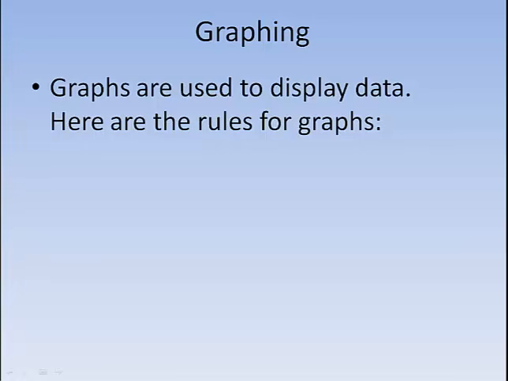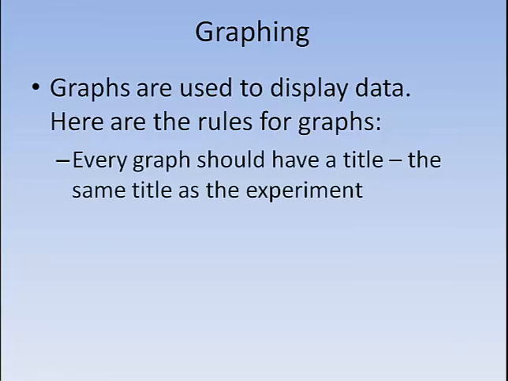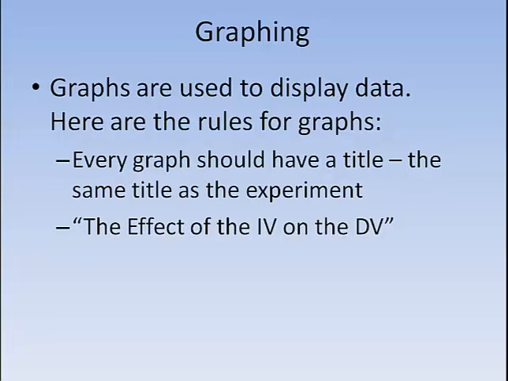Well, they're going to collect their data, and then they need to make a graph. So let's look at the rules for graphs. First rule is every graph should have a title, and it's going to be the same title as the experiment. And that title is always in the form, the effect of the IV on the DV.